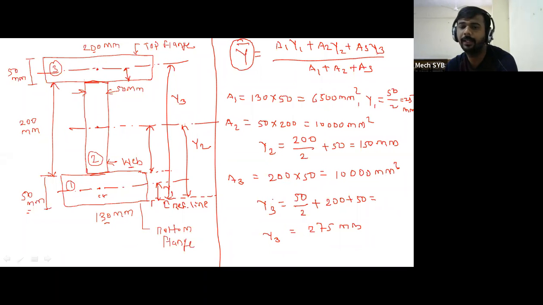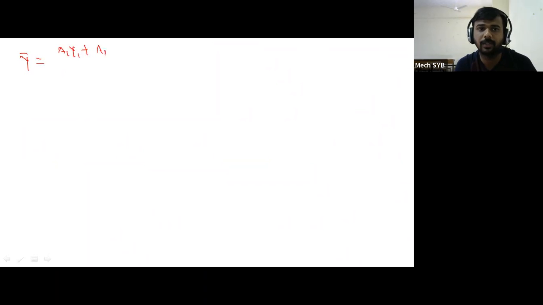Once we have calculated, so we have to go for our next calculation, that is Y bar is equal to A1, Y1 plus A2, Y2 plus A3, Y3 divided by A1 plus A2 plus A3.